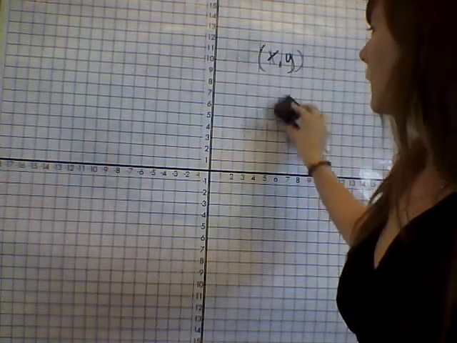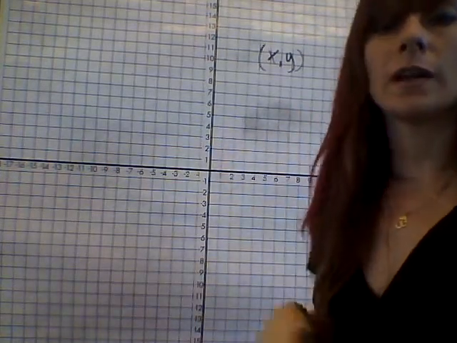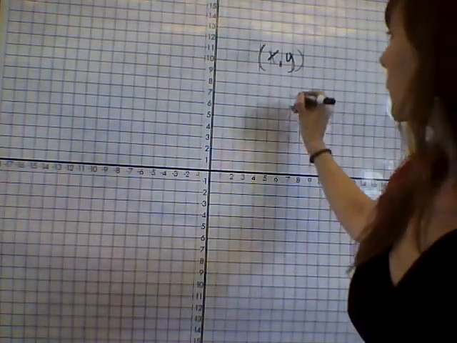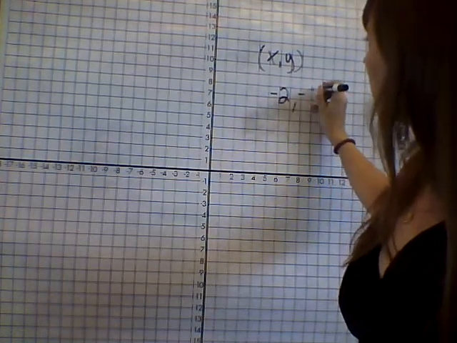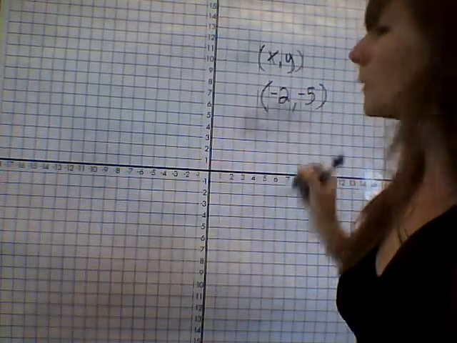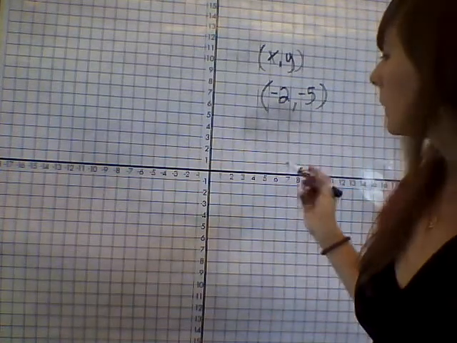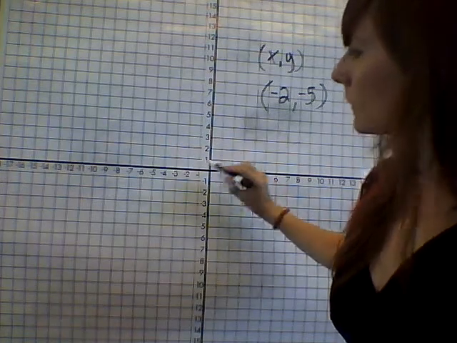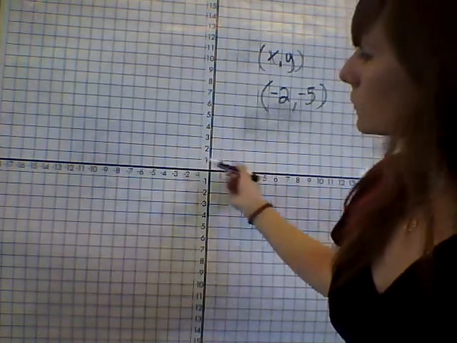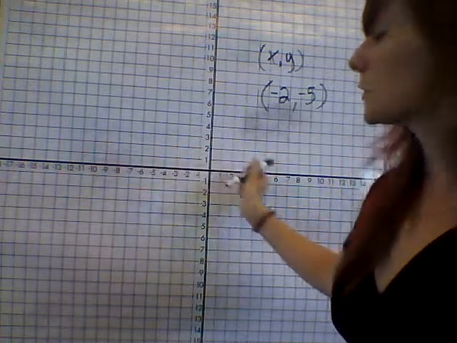Say I was given an ordered pair and I had to graph it. An example of an ordered pair would be -2, -5. In this one, they're both negative. So on the x-axis, when it turns negative, it's going left, just like when you're subtracting integers, you go left when you're subtracting.